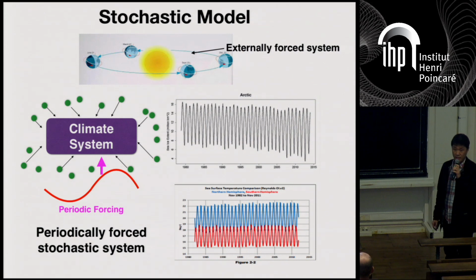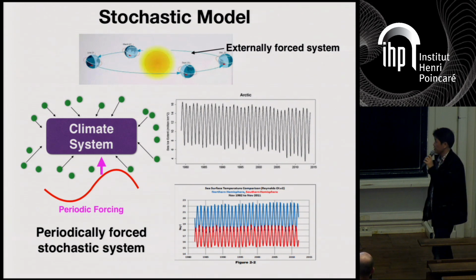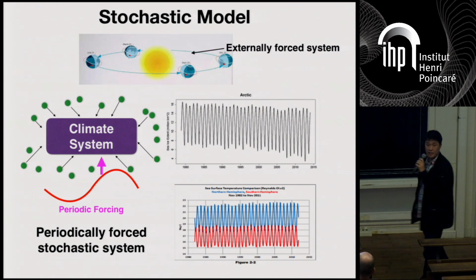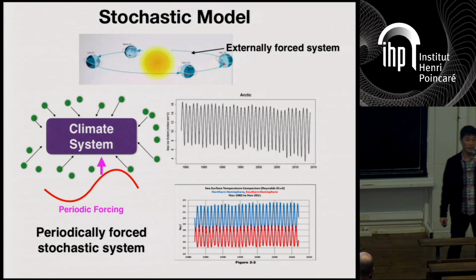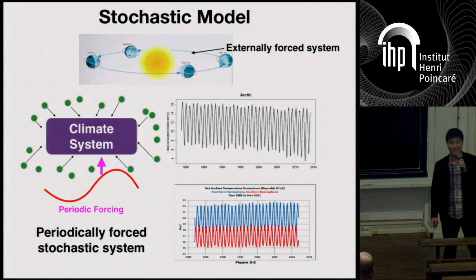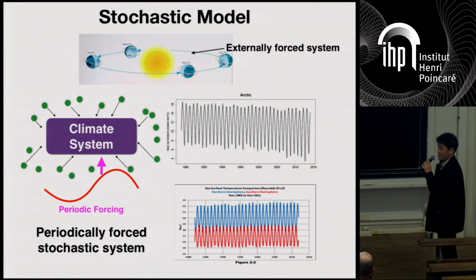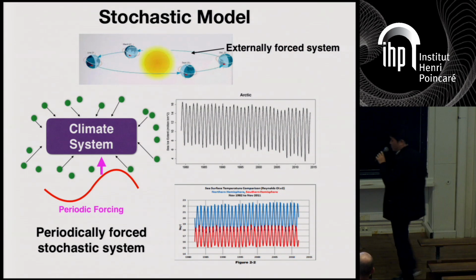That's the seasonal cycle. Maybe if you look at the northern hemisphere and southern hemisphere temperature change for 100 years, what you could see is there is one big periodicity right here, the seasonal cycle. So in our climate, the seasonal cycle is the biggest one.